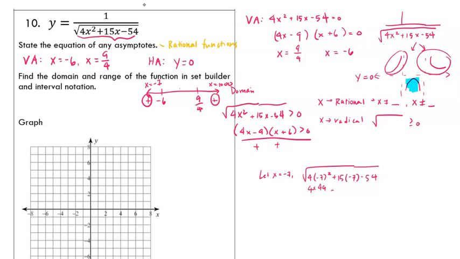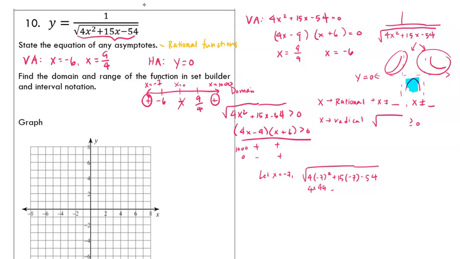If I test 0, x equals 0, what's that going to be? When this is 1,000, this is 0. So that's going to be 0 negative, and that's going to be a 0 positive. So it's going to turn into a negative. That doesn't satisfy it.